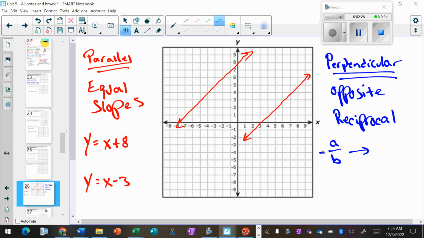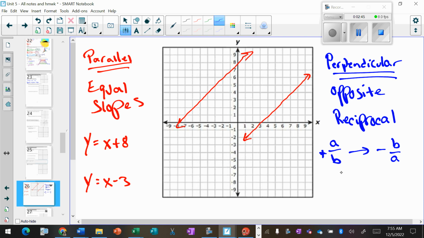So if my original slope is positive, then my opposite is negative. The reciprocal piece takes our fraction a over b and flips it to b over a. So that's what opposite reciprocal slopes looks like.